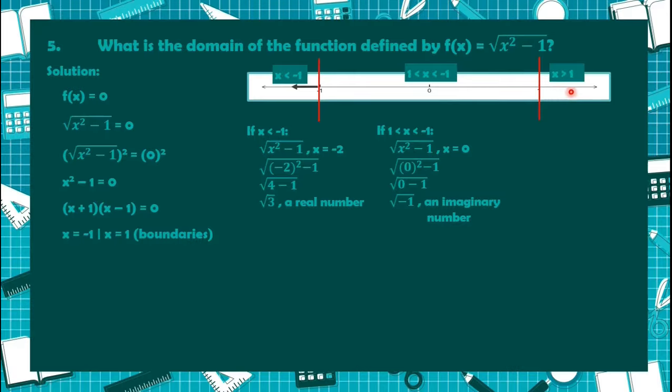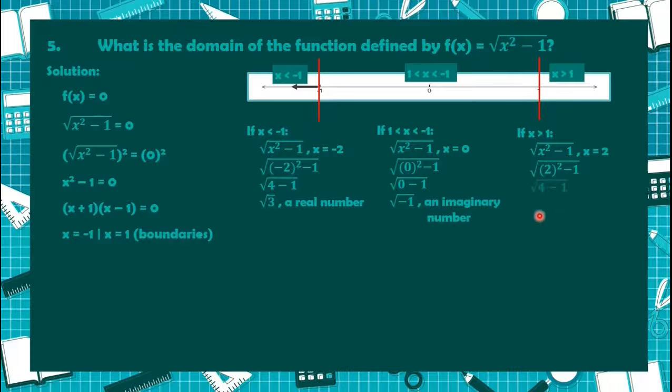Let's check if the values of x from this side are still a solution for this function to work and output a real number. So x is greater than 1. Then we have the square root of x squared minus 1. We let x equal 2. 2 is part of this side. Then we substitute 2 as our value of x.